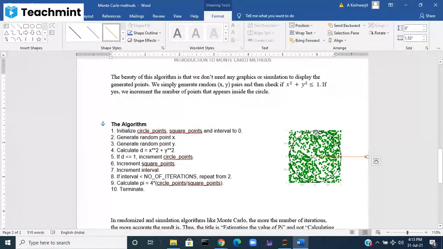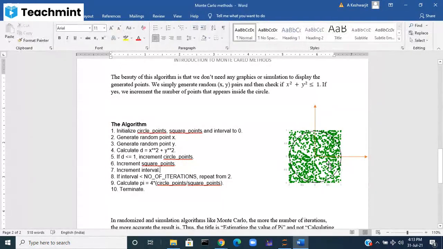Okay, and then let me insert another line. So from this, we insert the y-axis. So this is the x-axis. This is the y-axis. This is the origin O.